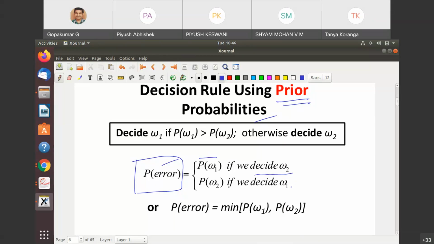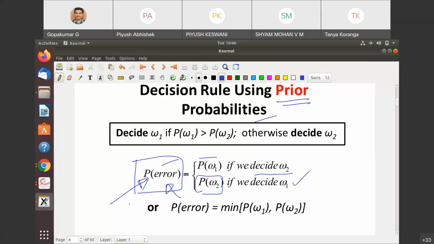Similarly, when we decide w1, the probability of w2 is going to be the probability of error in that circumstance. That is how we can define the probability of error, another important point which is closely related to the decision that we make.